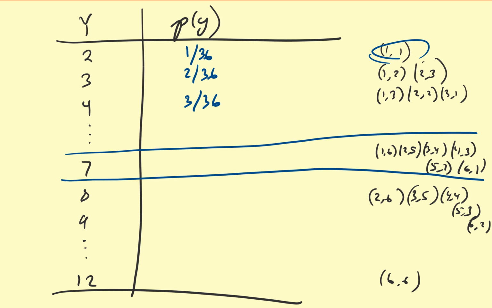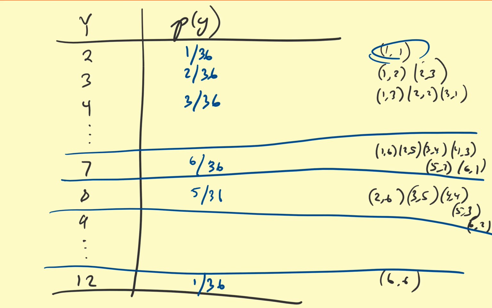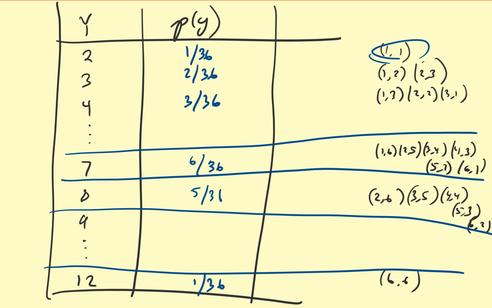Namely, we have 1, 2, 3, 4, 5, and 6 out of 36 values. 8 is going to have one less, namely 5 out of 36, as we see here. And then it's going to drop all the way down to 1 out of 36 again. So this is the probability mass function table for y.